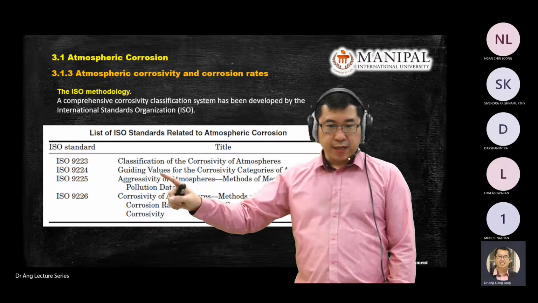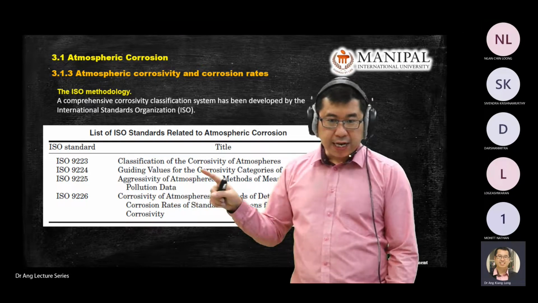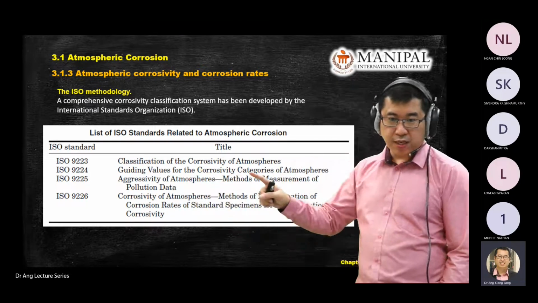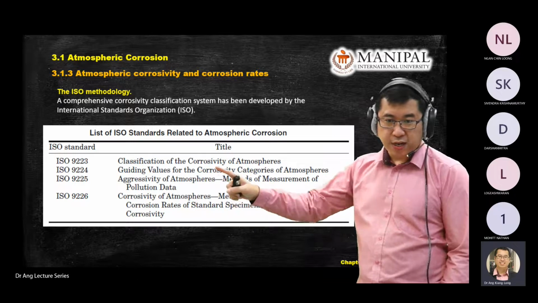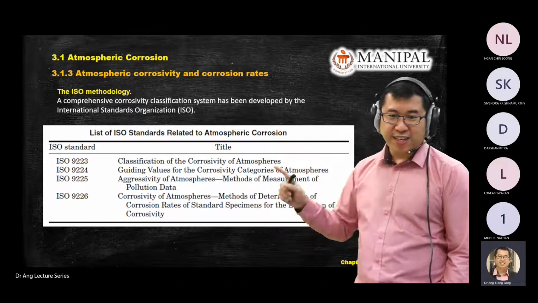Okay. Then, for example, ISO 9224 is about values for the corrosivity category.